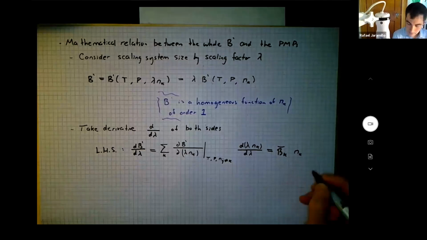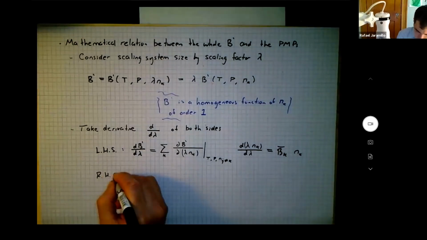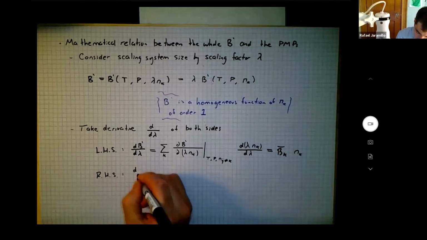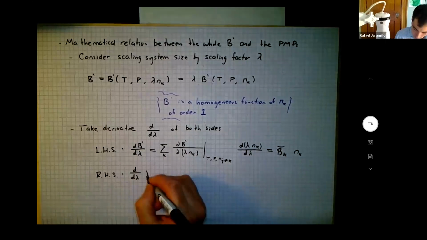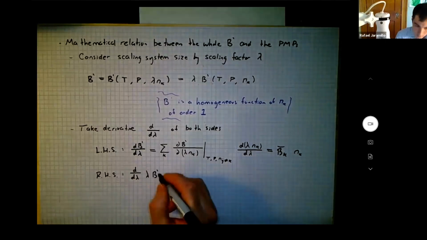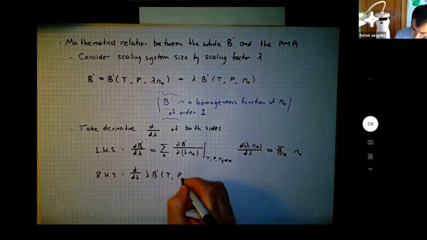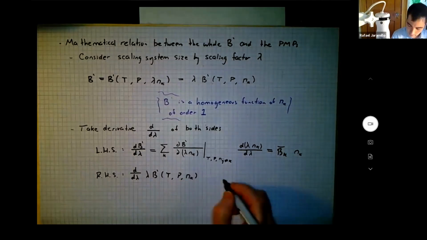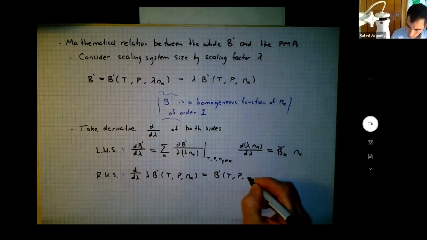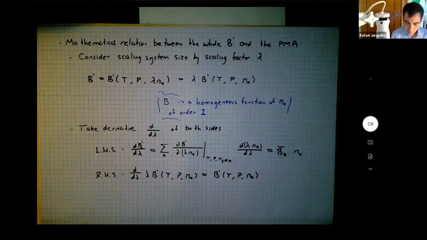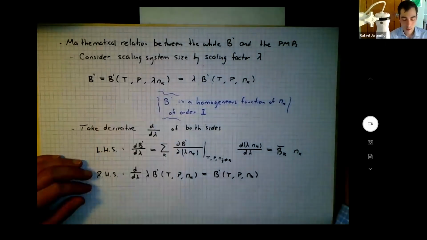Okay. Right-hand side. d lambda times lambda B(T, P, n_k), and that is also an easy derivative. That's B(T, P, n_k). So I took the total derivative of the left-hand side and the right-hand side, and I'm going to then compare them.